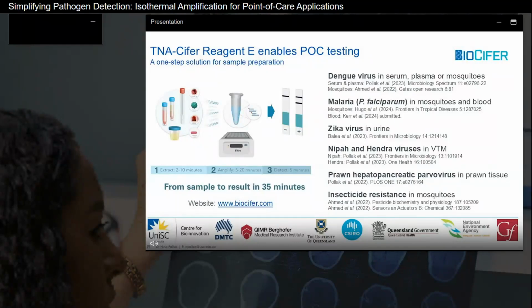This flexibility demonstrates how DNA-cipher reagent E can handle a wide range of sample types and pathogens, further supporting its potential for point-of-care testing in diverse settings.